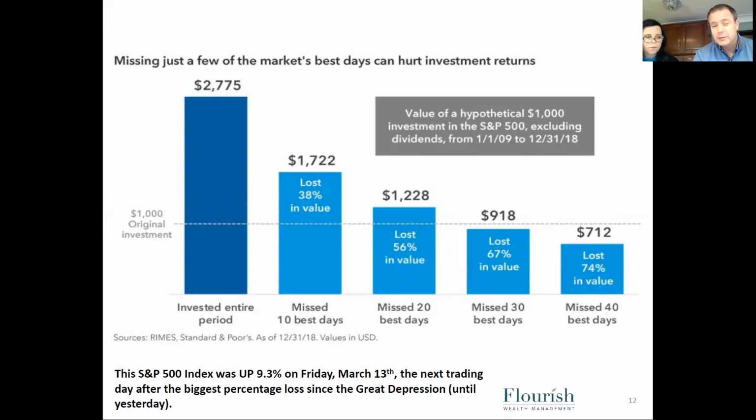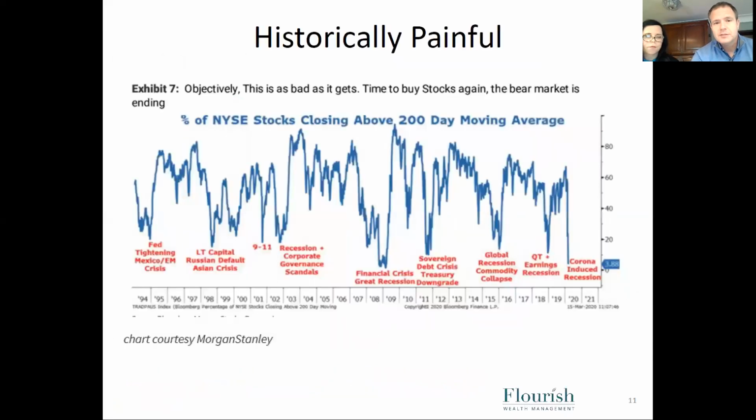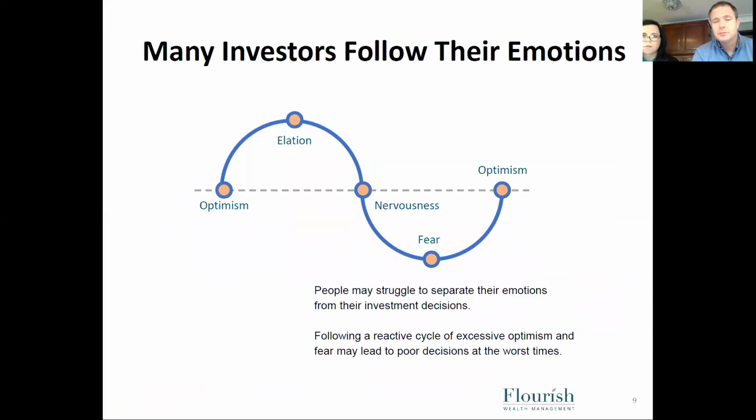Whether it's a few $1,000s or much more than that, that taxable loss can be used to offset your income when it comes to tax time. At the same time, and in many respects right now, this is an opportunity to rebalance the portfolio. So what that means is we go back to this situation between elation and fear. Right now, stocks are reflecting fear, but bonds are reflecting elation.